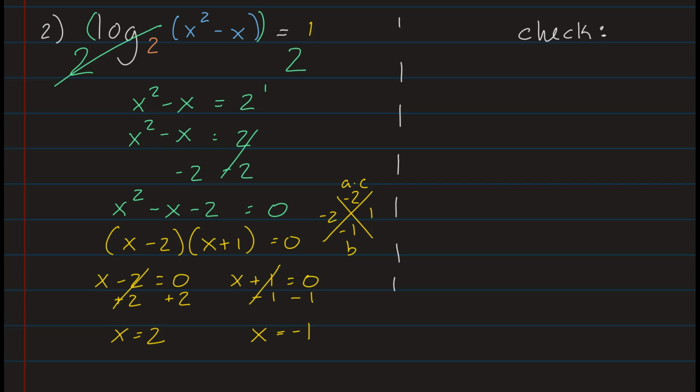Now before I circle these, I must check each one of my solutions to make sure they're not extraneous solutions. So over here, I have two solutions to check. Log base 2 of, now I need to plug in that 2 first. So I have 2 squared minus 2 is equal to 1.